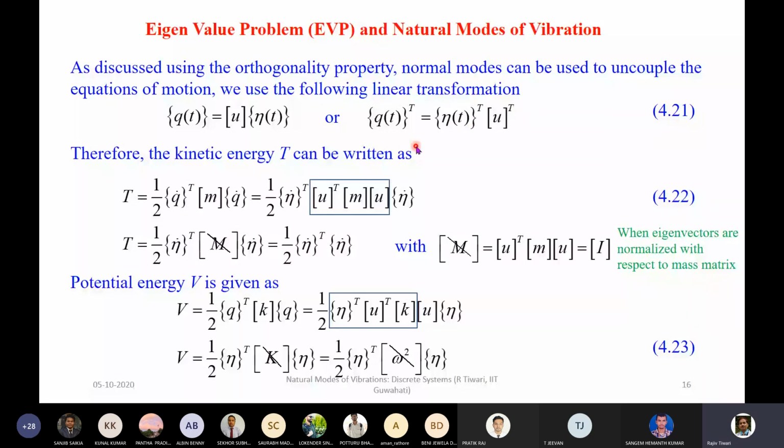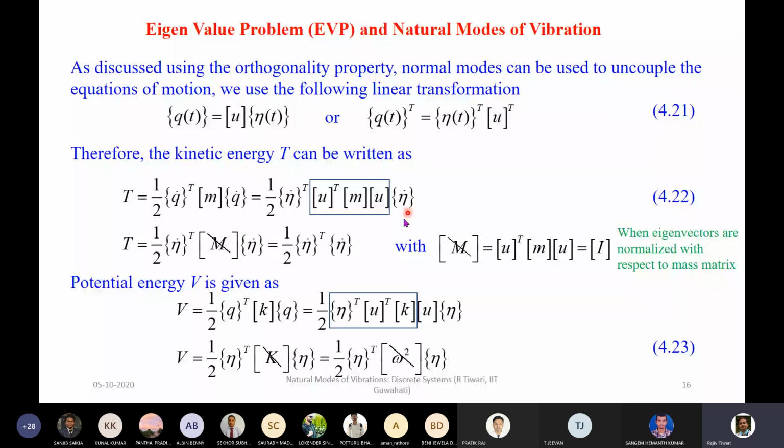When we take up the kinetic energy, we have written it earlier in terms of the mass coefficient and the generalized coordinate like this. So we can substitute, let us say, q dot. If we do the differentiation of this, U is constant, so differentiation will be of the eta only. So we can substitute this here. You can see q dot has been put as U eta dot.